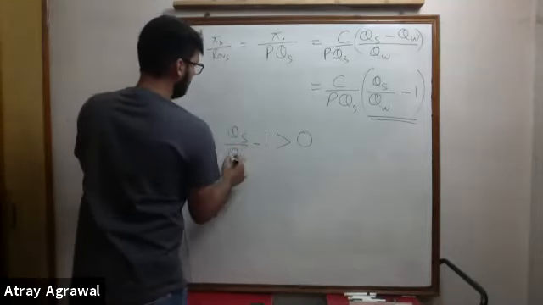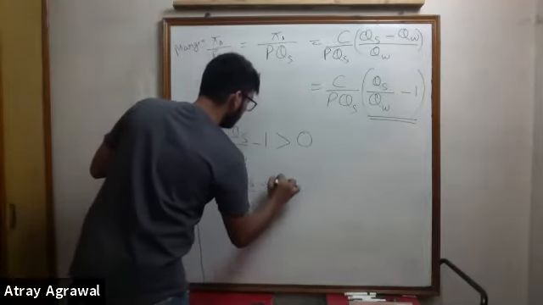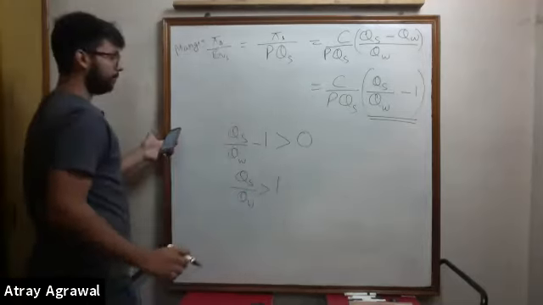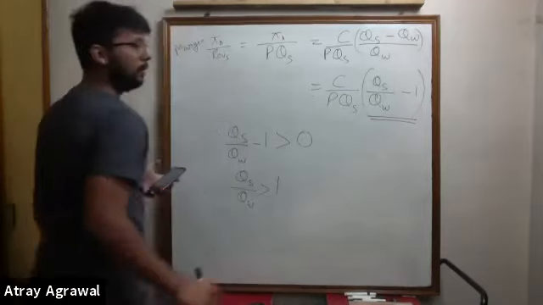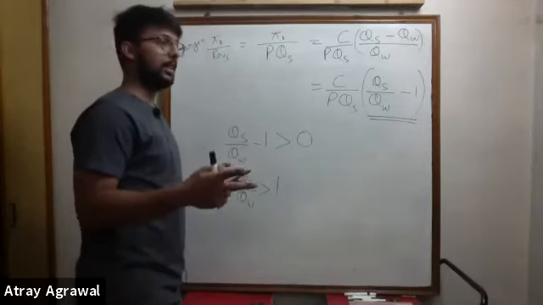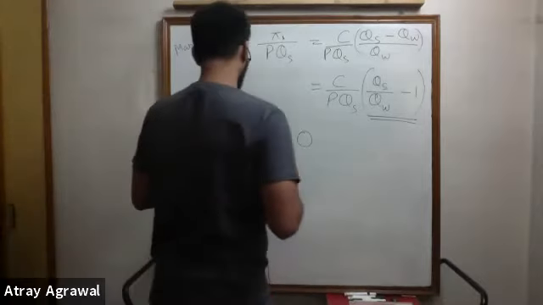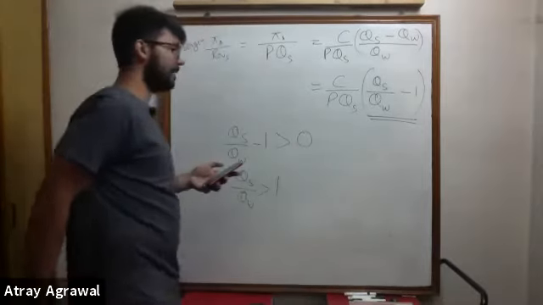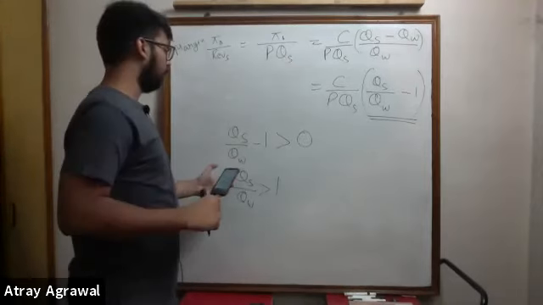So once we get to this, QS upon QW is more than 1. That means the relative market share is more than 1. Okay, so it can't be the same. The quantities or the amount of things that they are selling can't be the same. It has to be at least a difference of more than 1.